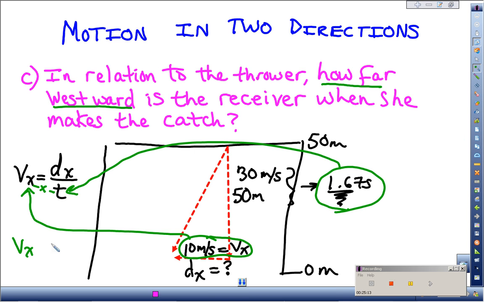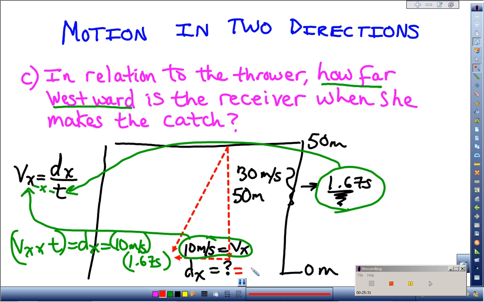In this case, it's going to look like 10 meters per second multiplied by 1.67 seconds, and that will give you a resultant displacement of 16.7 meters west. And that's your answer.